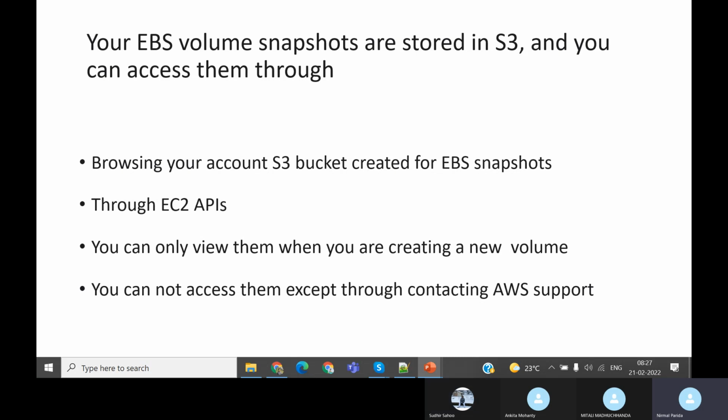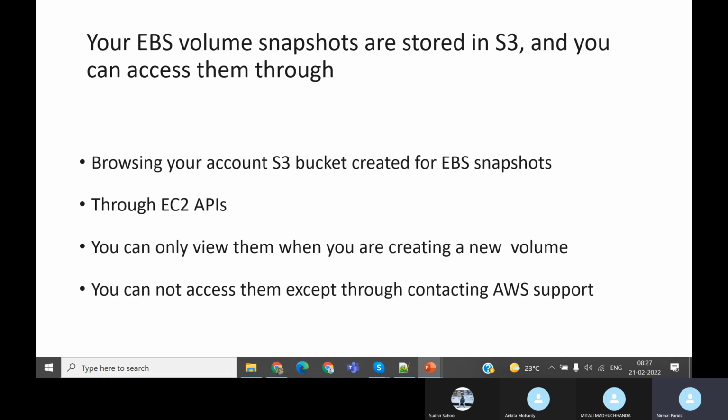Every service in AWS is API based. Like you are using some console to see, but the console also uses those EC2 APIs to show you. To list all the things in the console, they internally use EC2 APIs.